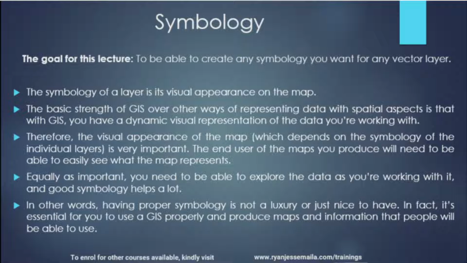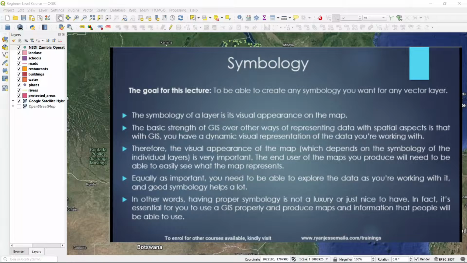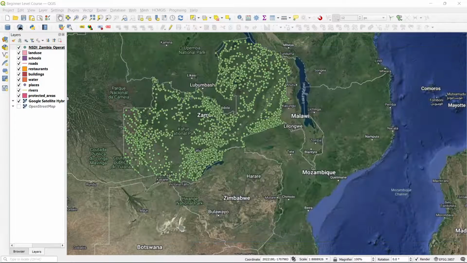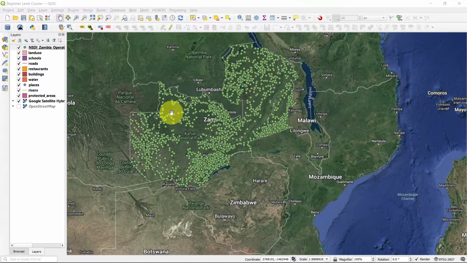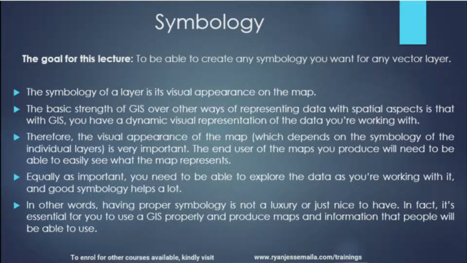So you need to ensure that you have good symbology and representation. Like they say, a picture speaks 1,000 words. As you can see, just a picture will give you 1,000 words of whatever meaning that you're trying to extract.